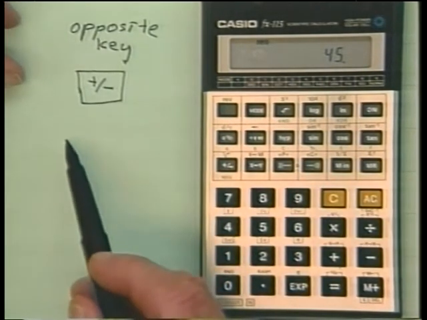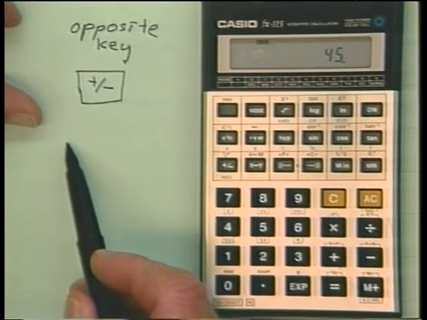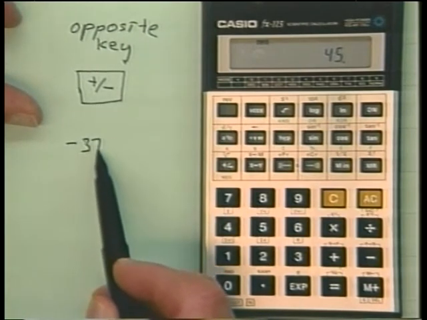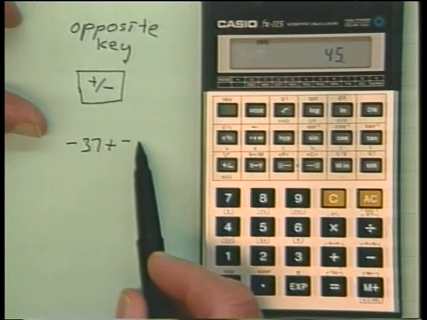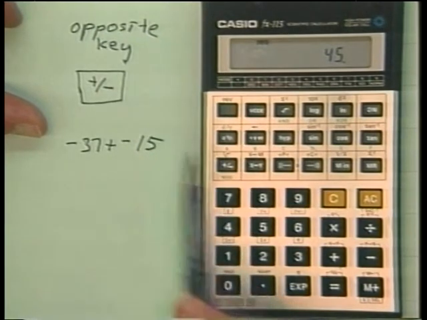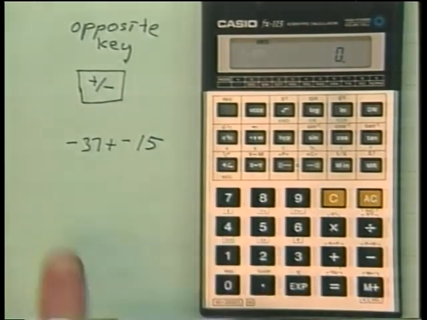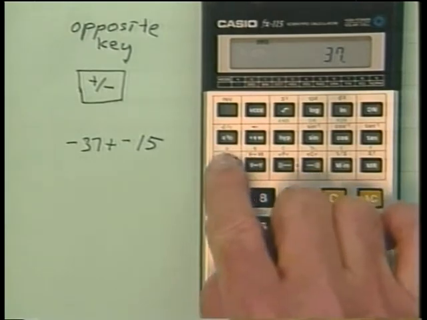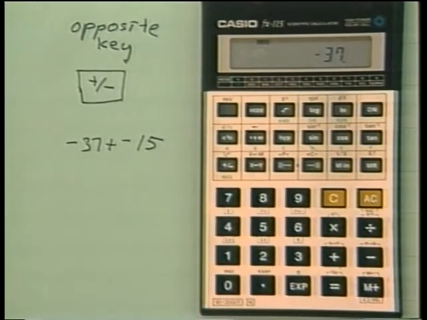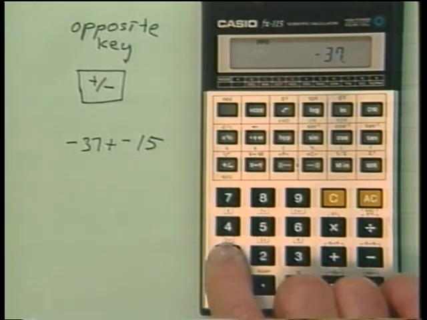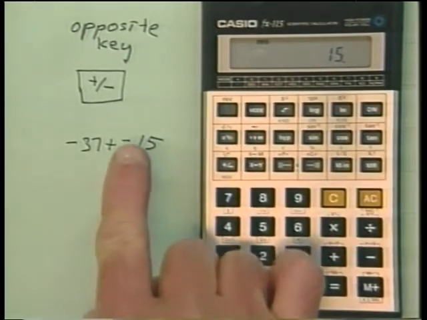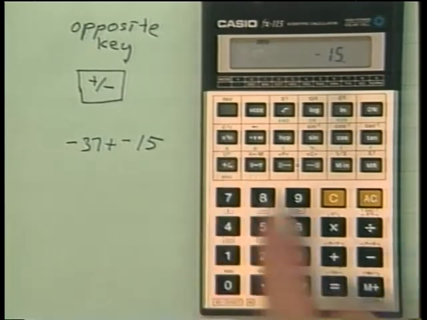So if I wanted to take, let's say, negative 37 plus a negative 15, I would punch in 37, but I want it to be negative, so I push the change sign, so there's negative 37. Now add 15, but I want to make it negative 15, so change signs.